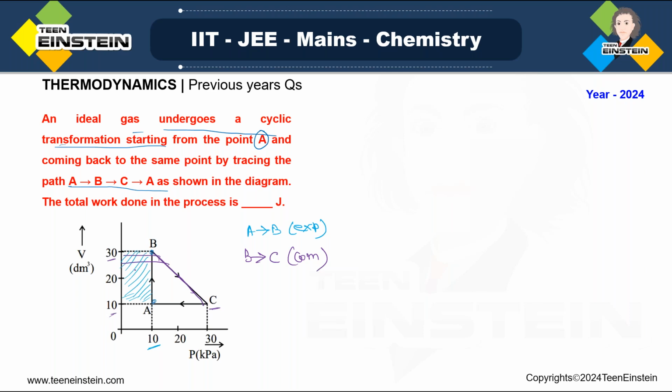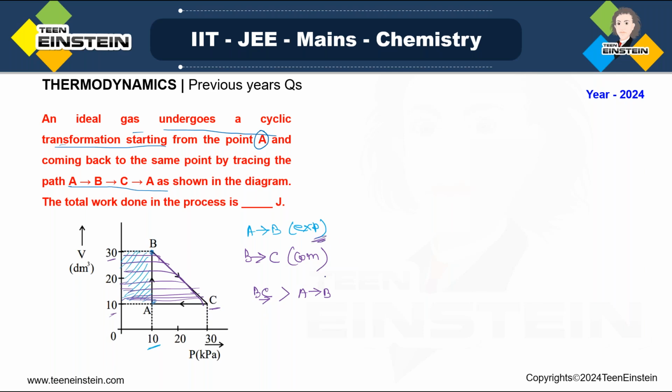Now the area will be this total part actually, where it is overlapping with the previous area also. So what I am trying to say here, the work done for BC, that will be B to C, that will be greater than A to B. Okay, work done is greater.